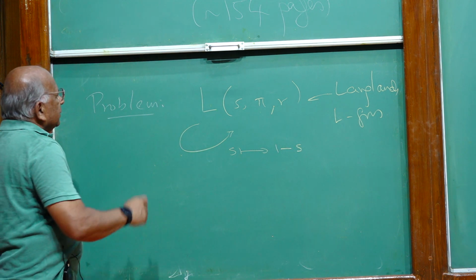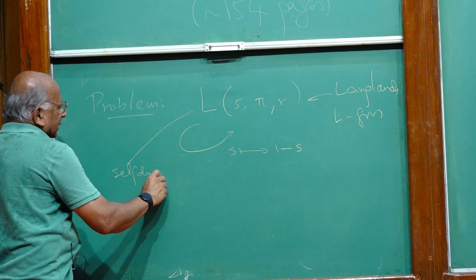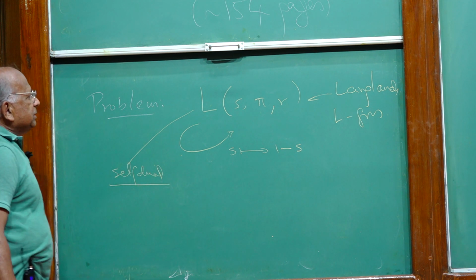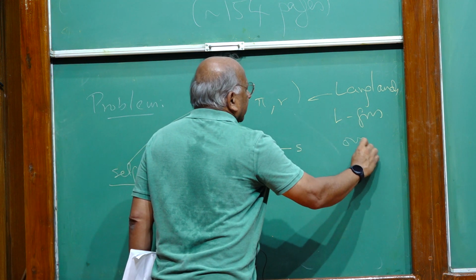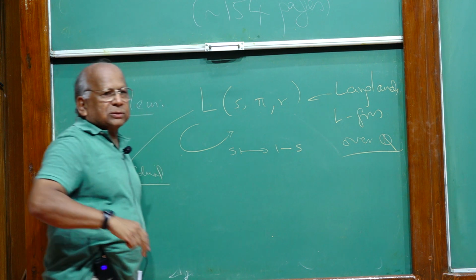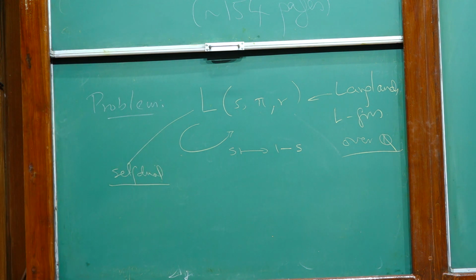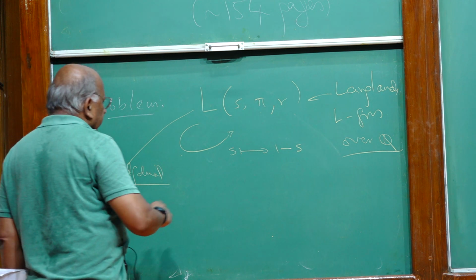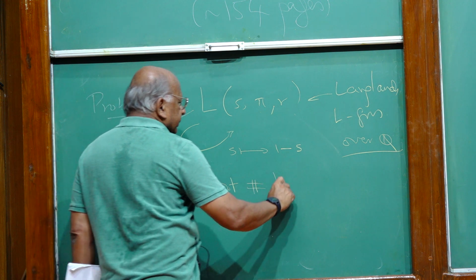I will assume it is a self-dual L-function, and I will look only at L-functions over Q. Even if you look at L-functions over a quadratic field, we would induce it and consider it over Q. So I'm looking at self-dual L-functions, and there is a thing called the root number.